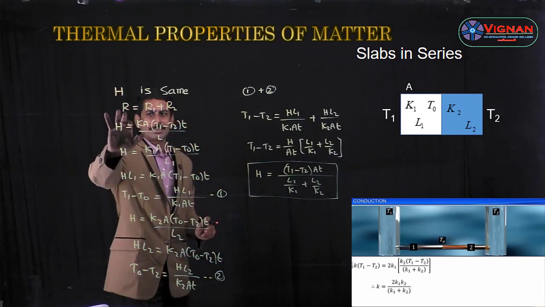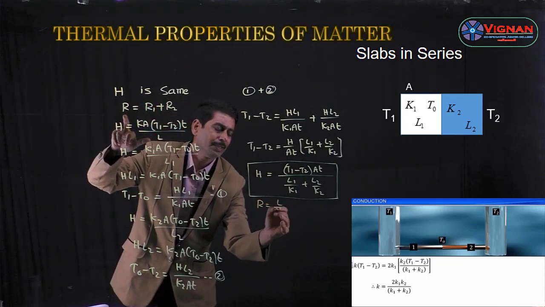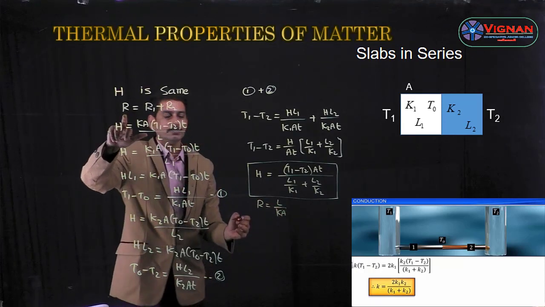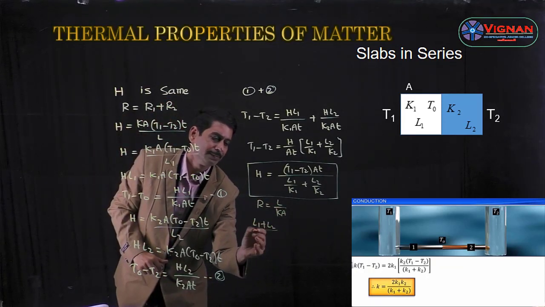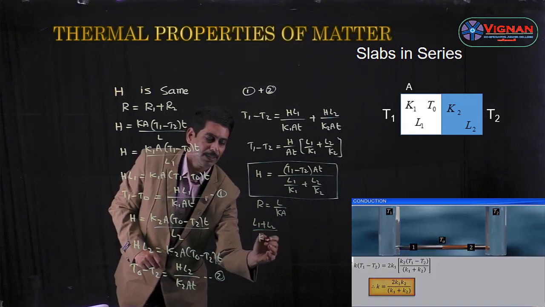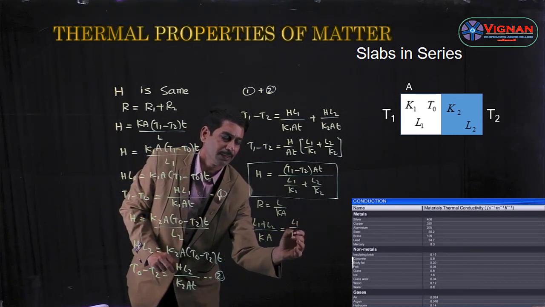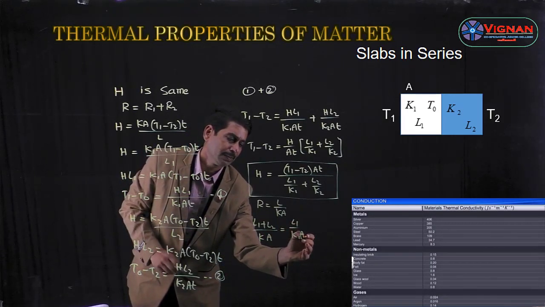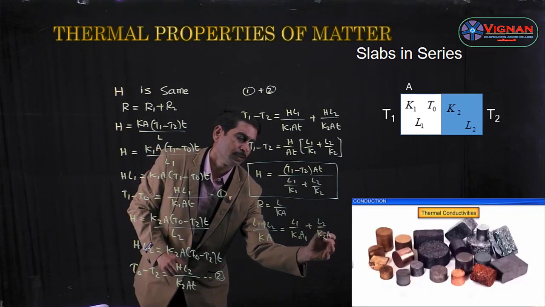Now we will apply this equation. So we know R is given by R is equal to L by K A. So R is nothing but L1 plus L2 by K A is equal to L1 by K1 A1 plus L2 by K2 A2.